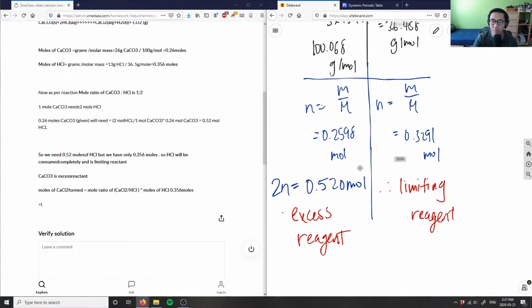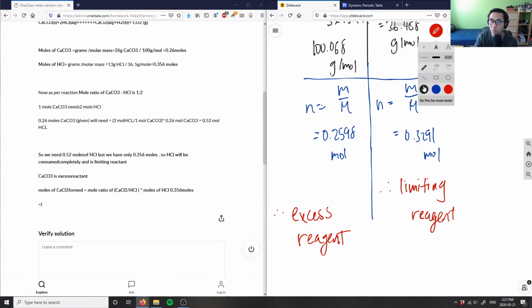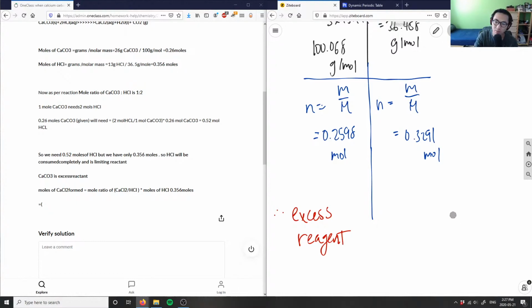So let me redo this. I don't really like what they did here because it doesn't actually help us get to our solution. So we know that this here is excess and this here is the limiting. However, if I want to multiply this guy by half, to get per mole of my hydrochloric acid here, I'm going to divide this number by 2. It's still going to be a limiting reagent.